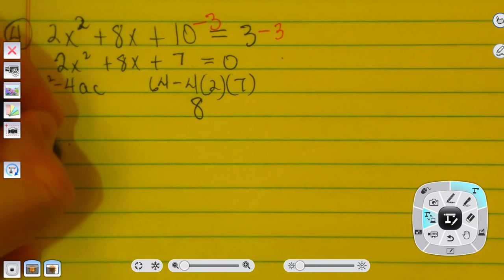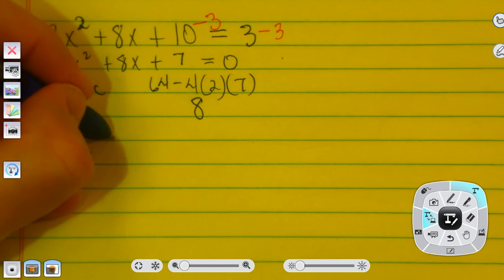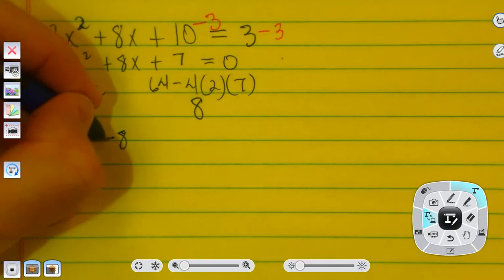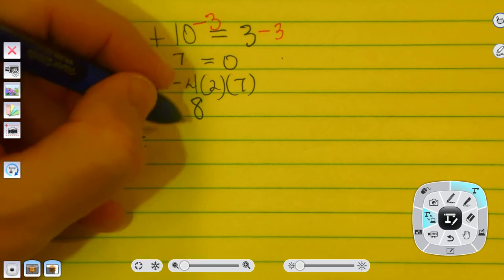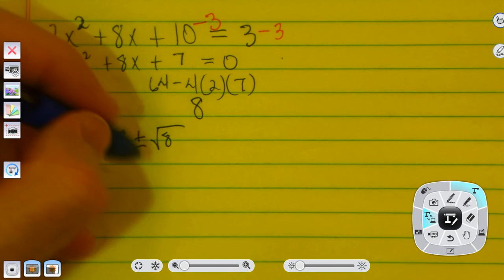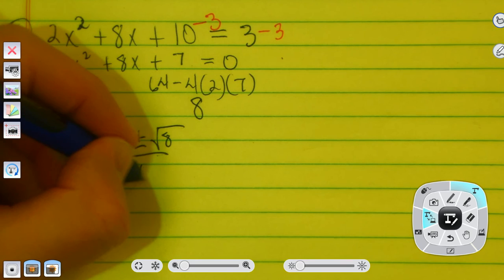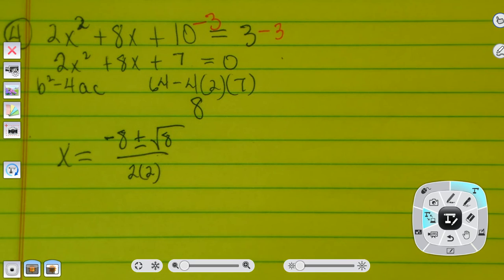So my solution is then the opposite of b. b was 8, so it's negative 8 plus or minus the square root of 8 all over 2 times 2, which is 4.